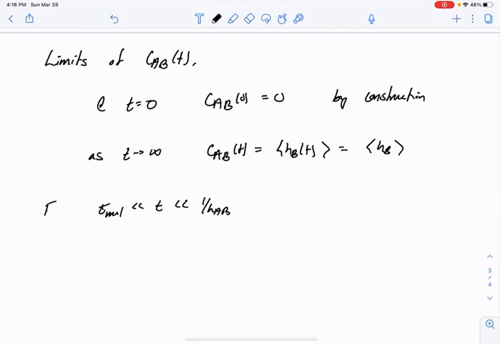If we were to look at some time between those two, tau_mol and 1 over the rate constant, you might envision that the system reaches a steady state in which flux is continuously built, in which probability flux is continuously building up probability into the B basin.